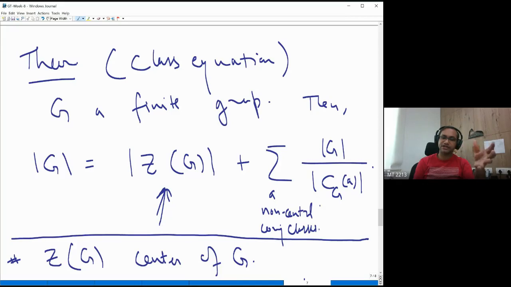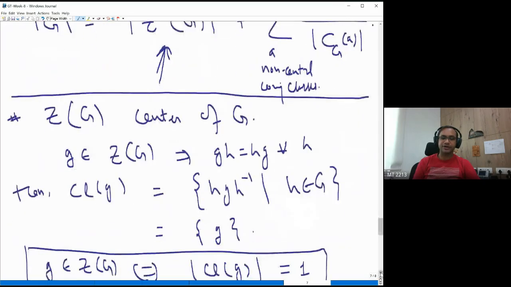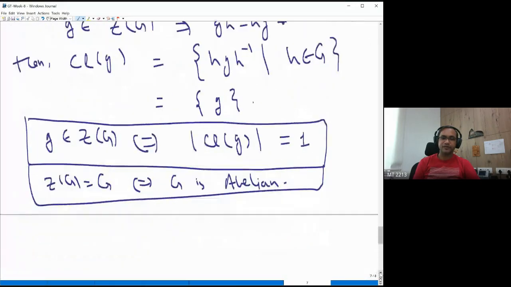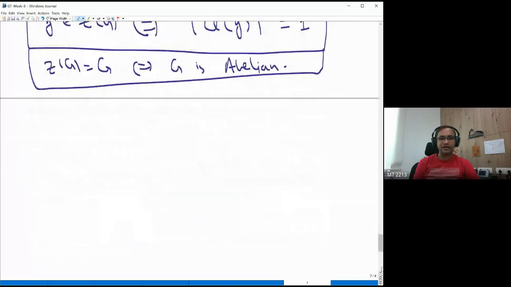All those sizes where there is strictly more than one element, right? So this will always run over non-central conjugacy classes, where the conjugacy class size will be at least 2. So this formula has to be interpreted very carefully, and again, there are always chances of making mistakes. So keep this in mind.